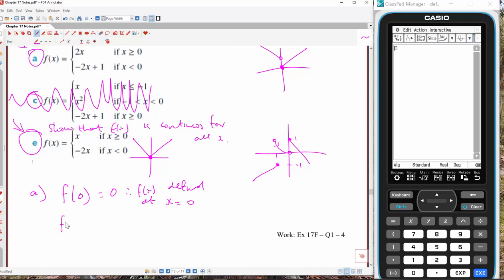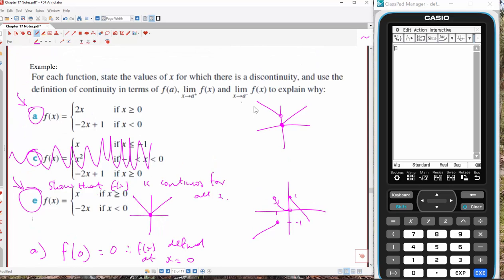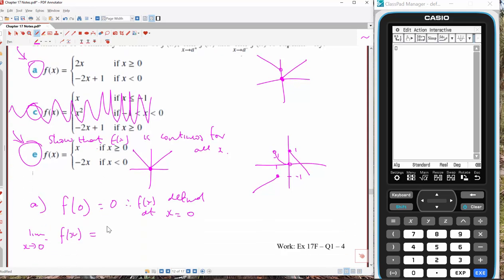Then I'm going to do the limit as x approaches 0 from the left for the function, which is approaching 1. The limit as I approach 0 from the right-hand side for the function is equal to, and I can see I'm approaching the value 0.